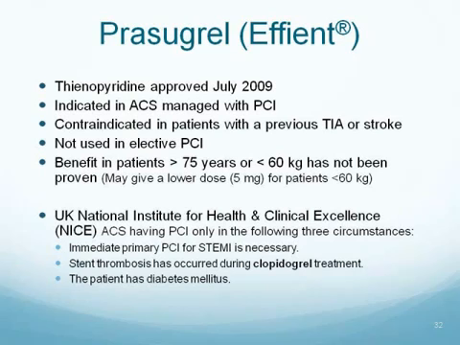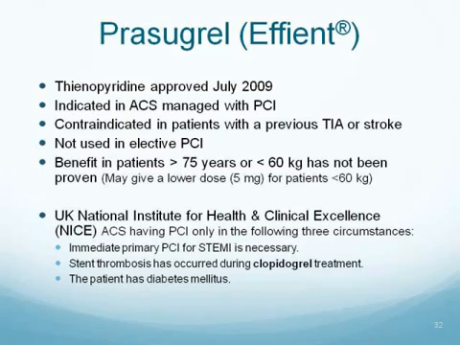It's also only been studied in patients that were emergently receiving a PCI, so it's not been really studied in patients getting an elective PCI. In other words, the people that have stable angina that are just coming in electively, prasugrel has not been studied in that group.